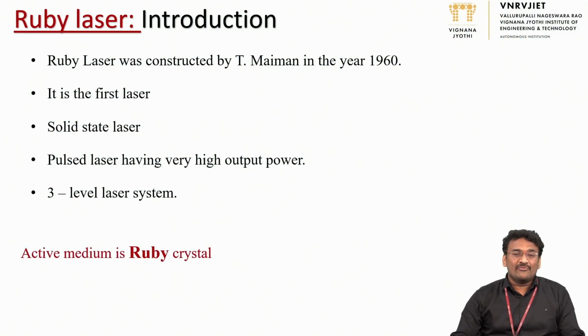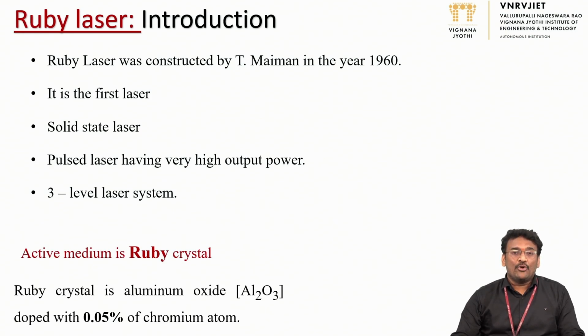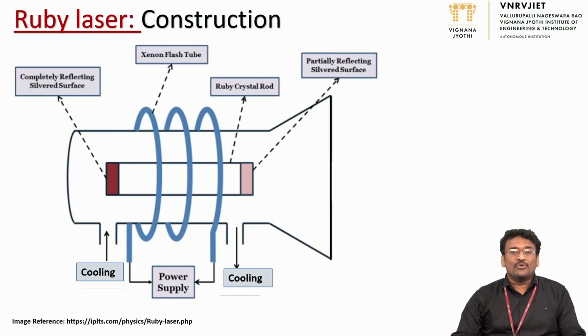In this laser we are using a ruby crystal as an active medium, that's why it is a solid state laser. And ruby is nothing but aluminum oxide, Al2O3, doped with 0.05% of chromium atoms. Now let's move to the construction.